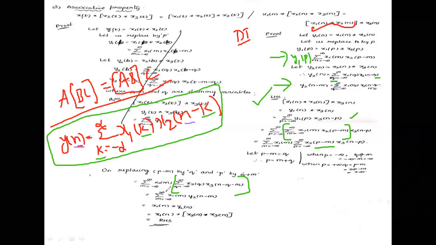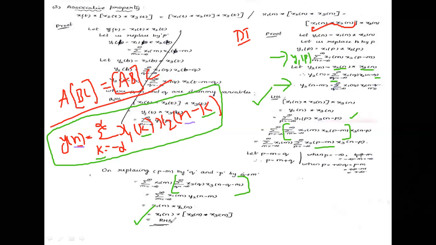Therefore, the formula is x1 of n and y2 of n. What is y2 of n? We assume y2 of n is x2 and x3. That is the RHS. We take the LHS as x1 and x2 with x3.